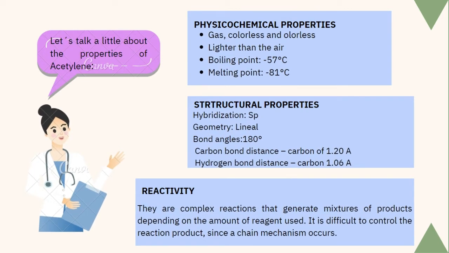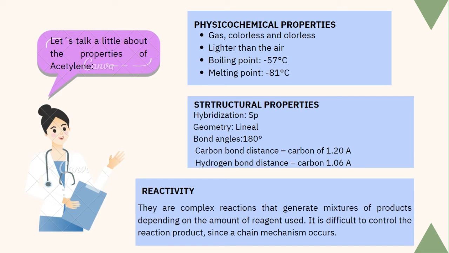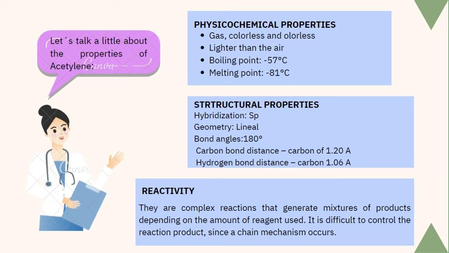Let's talk a little about the properties of acetylene. Physicochemical properties: gas, colorless and odorless, lighter than air, boiling point minus 57 degrees Celsius, melting point minus 81 degrees Celsius.